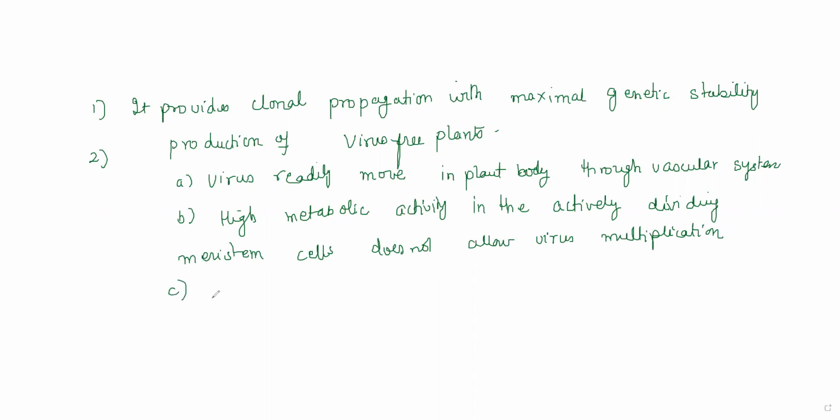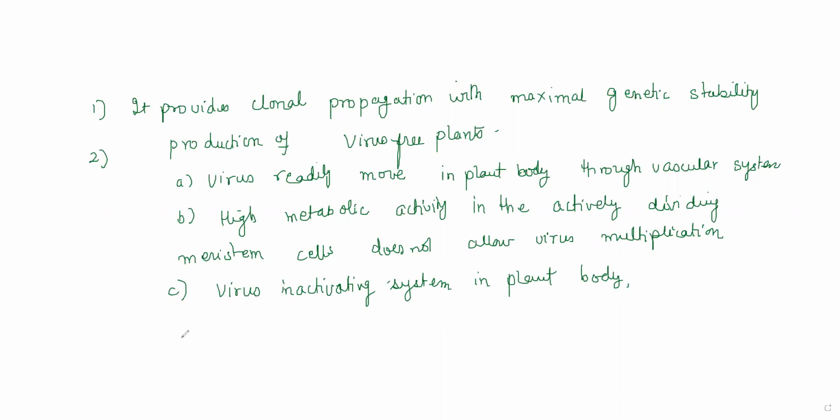Third is the virus inactivating system in the plant body, which has a higher activity in the meristem than in any other region, thus the meristem is protected from the infection.